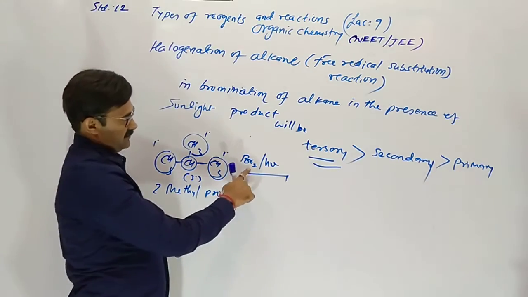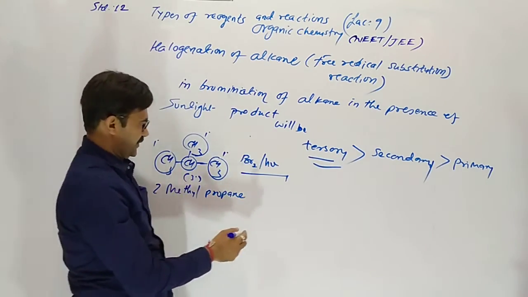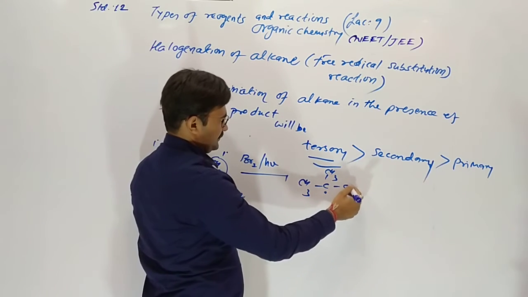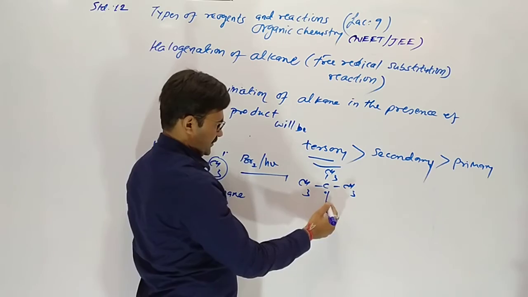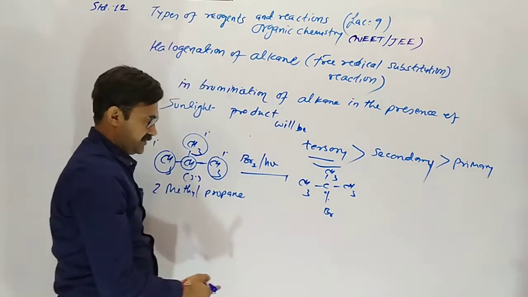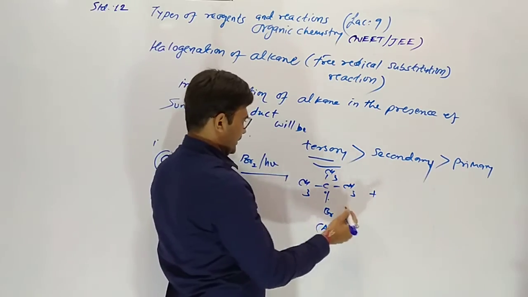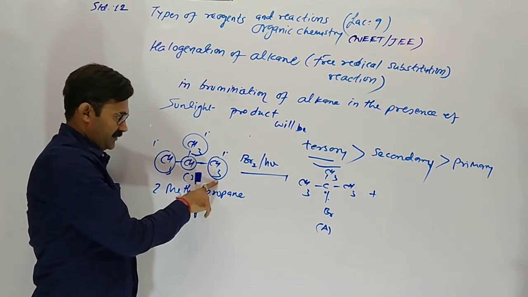So the free radical forms on tertiary first, so a tertiary free radical occurs. There bromine combines, so 2-bromo 2-methyl propane is our major product.